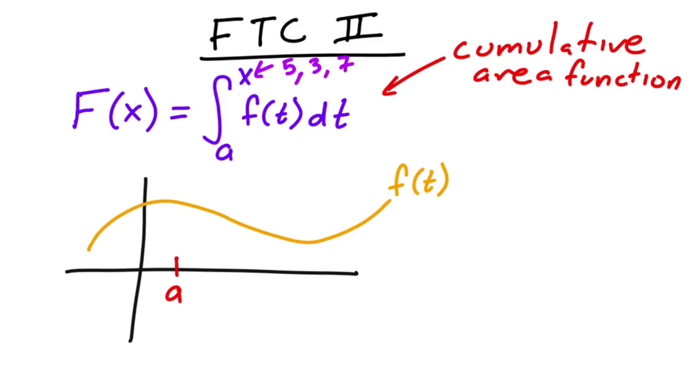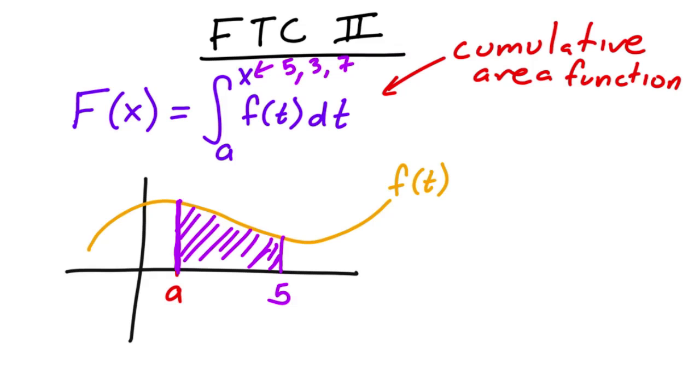And what this is going to do is this function is going to find the area from the starting value, which is A, to whatever value you ask it to. So like, for example, if you were to plug in 5, this function would collect the area from A all the way up to 5.